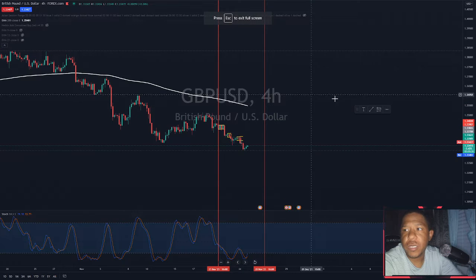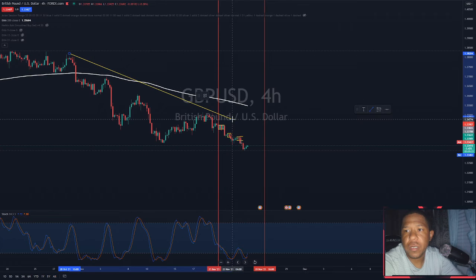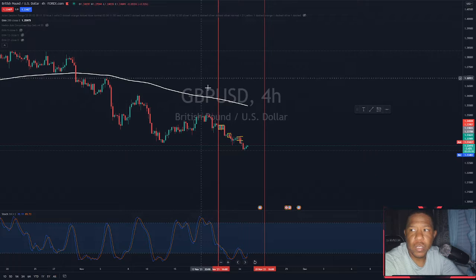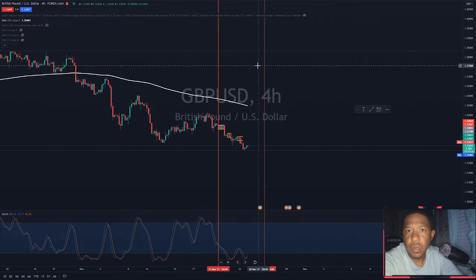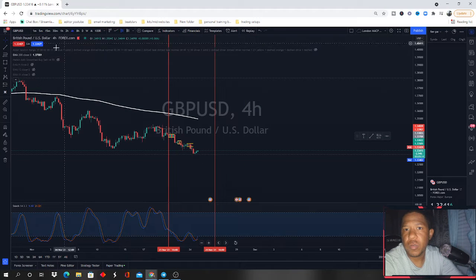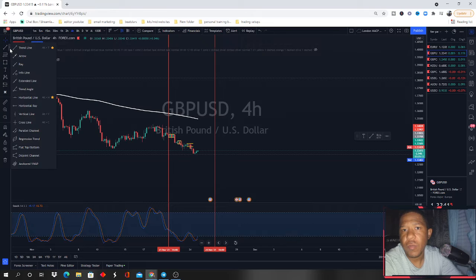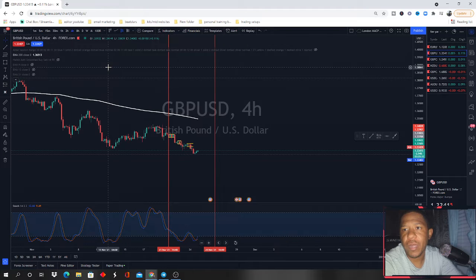All right, so if you see right here, it's going in the downtrend. Boom, you see that. And also it's under the 200. Gotta get my old handy dandy arrow right here.